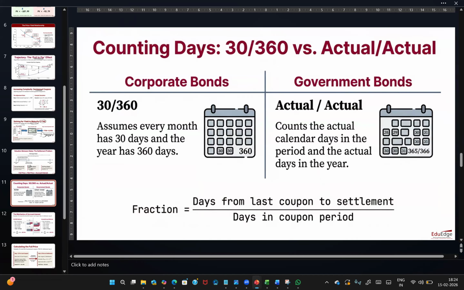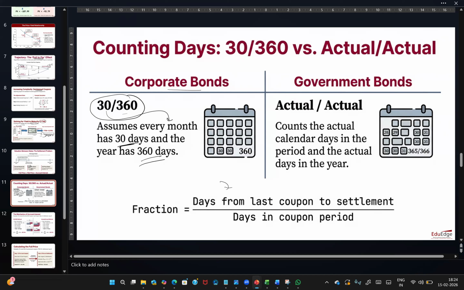So this is the fraction which I'm talking about: days from last coupon to settlement divided by days in between the coupon payments. By the way, there are two conventions which are followed when we talk about accrued interest and other kinds of conventions used in the bond markets. Generally a 30 by 360 convention is used for corporate bonds. What does it mean? It means that we are assuming every month has 30 days and the entire year has 360 days.